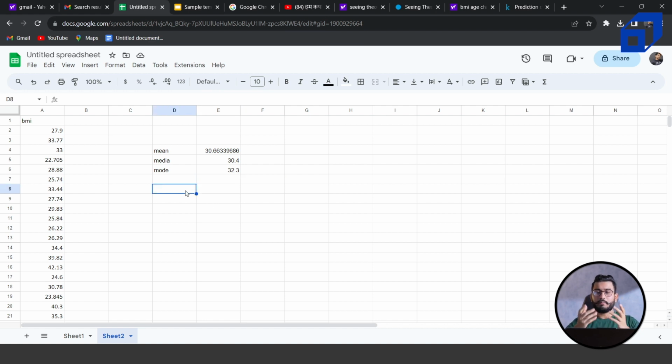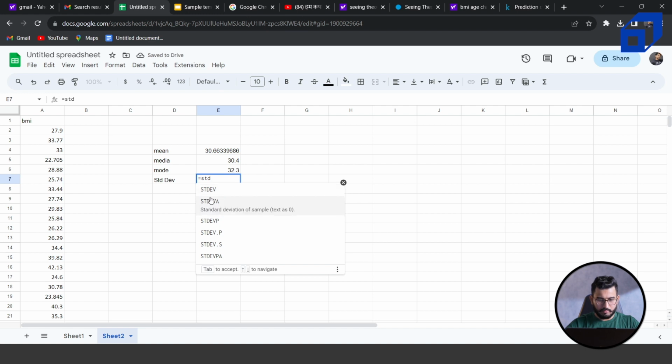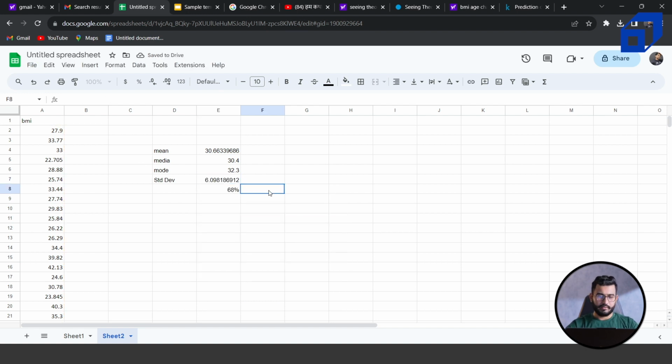First, we will prove the property. The property is that 68% of the data falls across plus minus 1 standard deviation, right? So let's quickly find out the standard deviation. So STDEV is equal to STD. So this is my standard deviation of this data. It is 6.09 standard deviation.